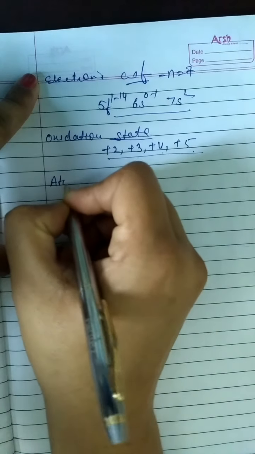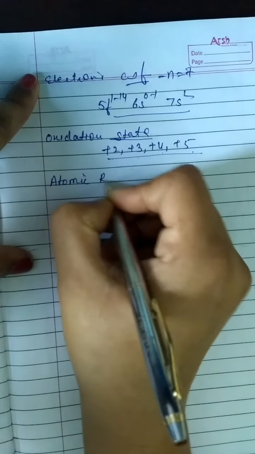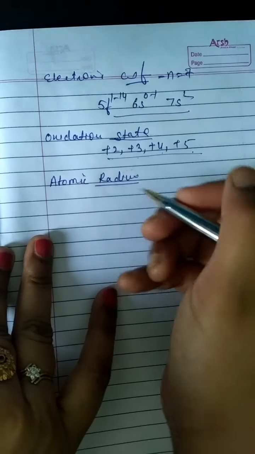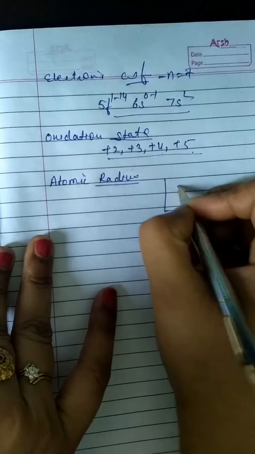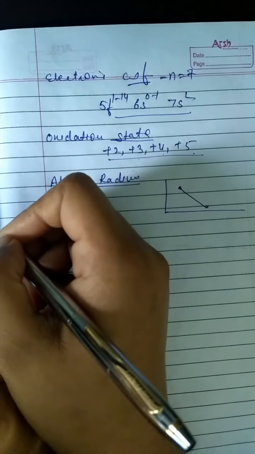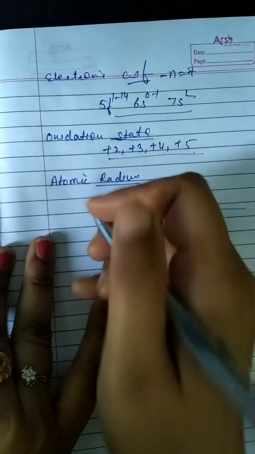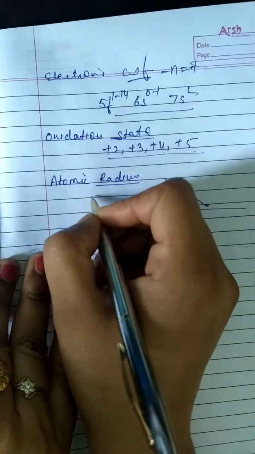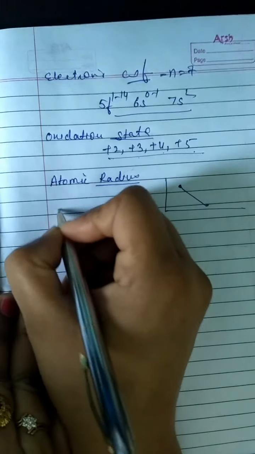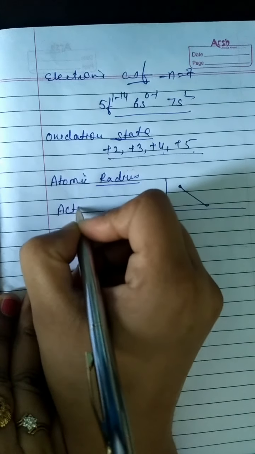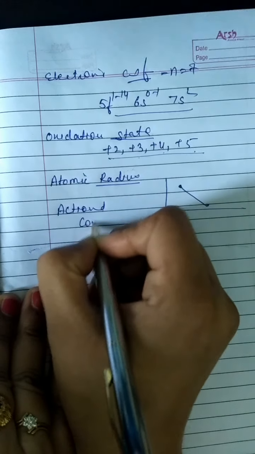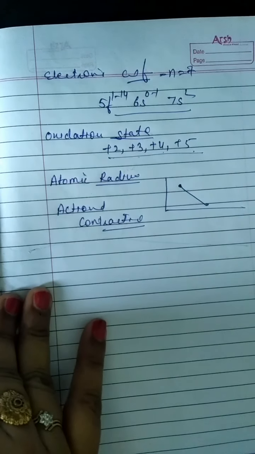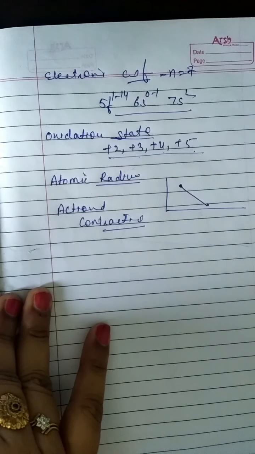Next is the atomic radius. That is similar to the lanthanoids: the atomic radius is continuously decreasing. We have discussed the lanthanoid contraction. Why is the atomic radius continuously decreasing? It is due to the actinoid contraction, and the explanation is the same as in the lanthanoid contraction.